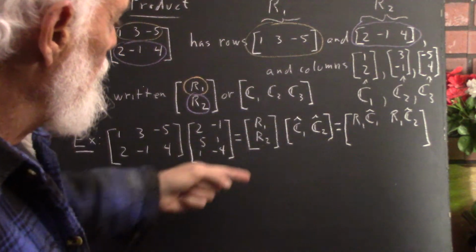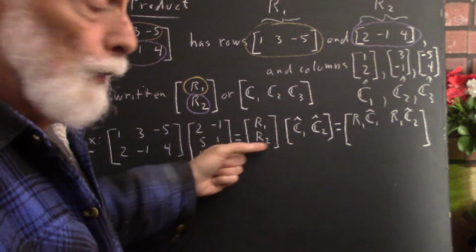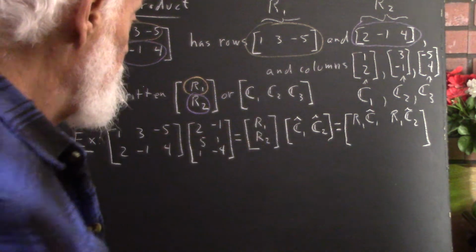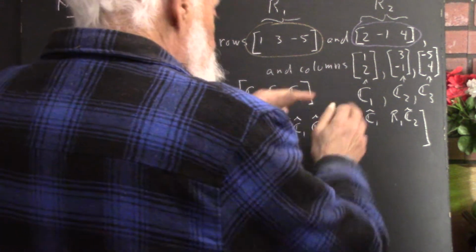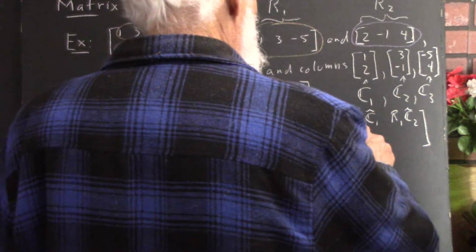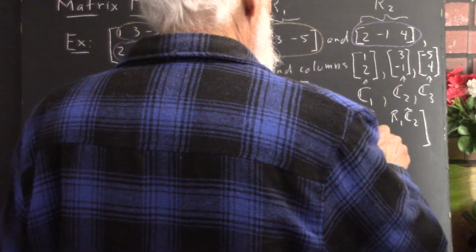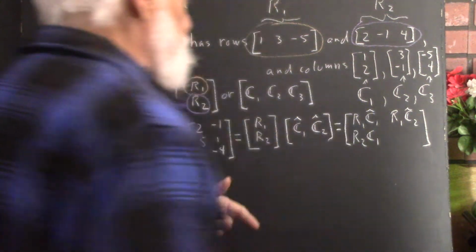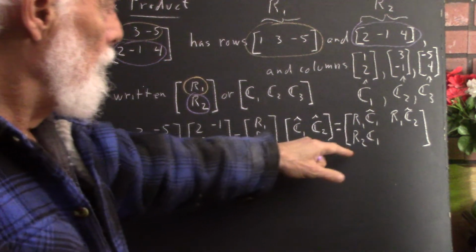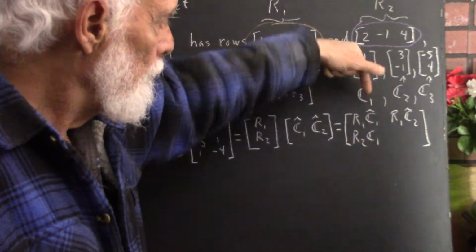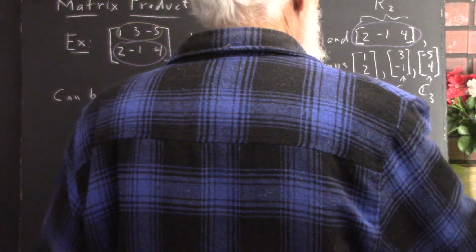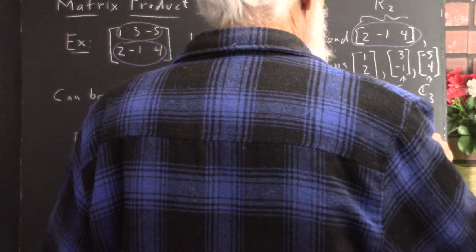Then I multiply row 2 by column 1 and row 2 by column 2. When I do row 2 times column 1, it's going to go in the second row and first column. So here I have second row, first column. And row 2 times column 2 similarly goes over here.